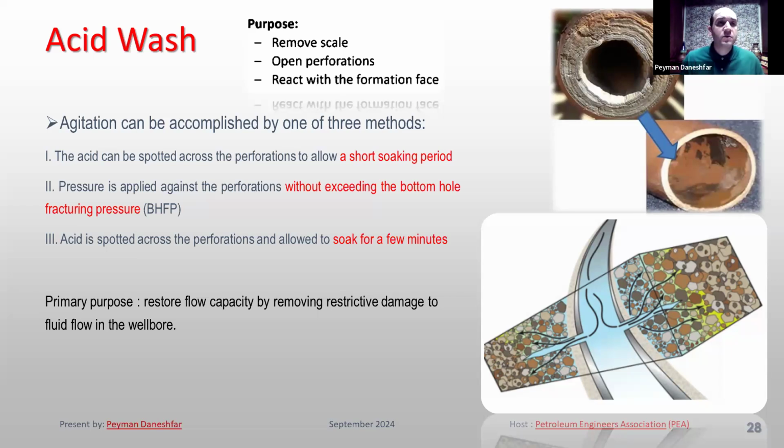Because after that, when we want to do a matrix acidizing job with a big volume with a stimulation vessel, the volume of the acid wash will be very small. What is the purpose? Removing a scale, cleaning open perforations, and also reacting with the formation phases.